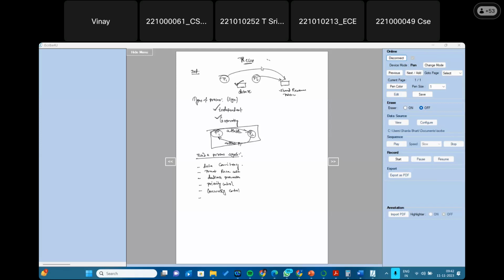Next we have critical section management. So this is very important. Let us suppose we have two processes, process A and process B. Process A writes on the shared data, whereas process B reads the shared data value.